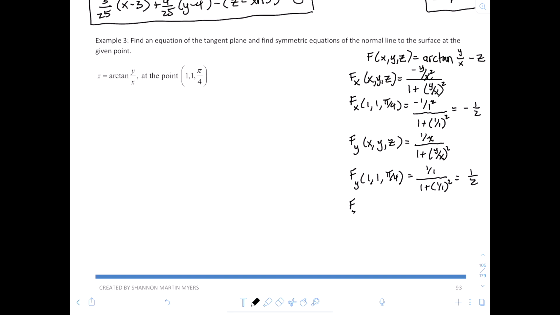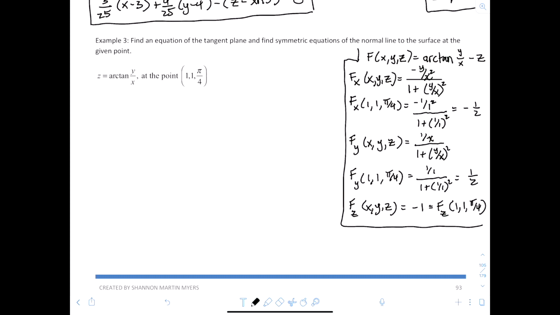And then the first partial with respect to z is just going to be negative 1, which will equal the first partial with respect to z at that particular point as well. Groovy? Okay, so we've got our partials here. So now let's go ahead and find the equation of our plane.